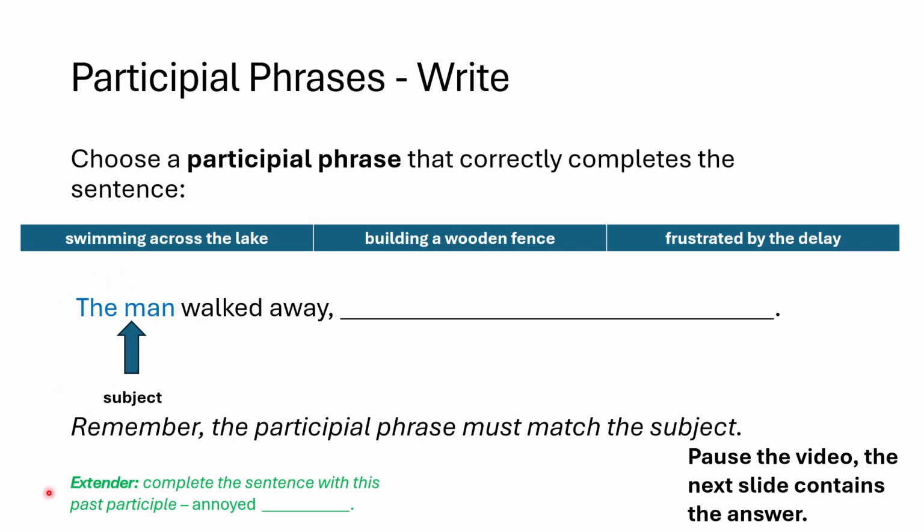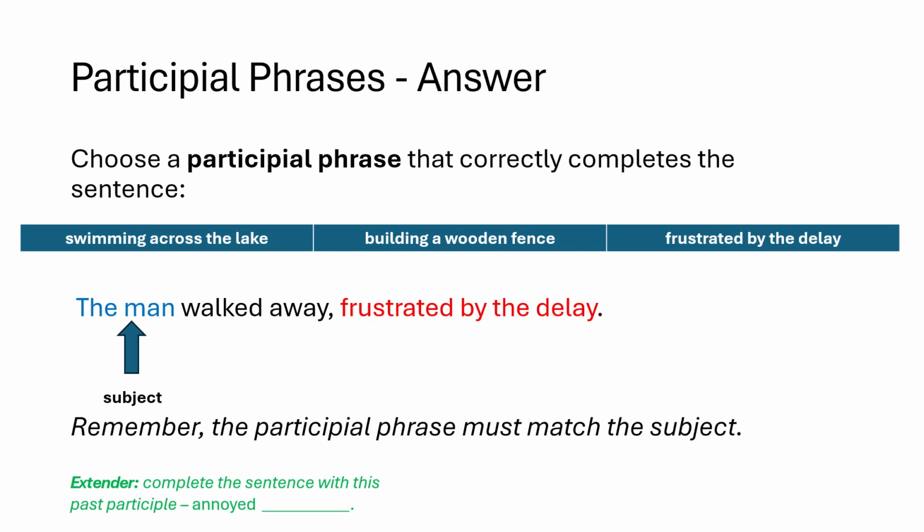Here is the extender. Complete the sentence with this past participle. Annoyed. Pause the video. The next slide contains the answer. Check your answer. The man walked away, frustrated by the delay.